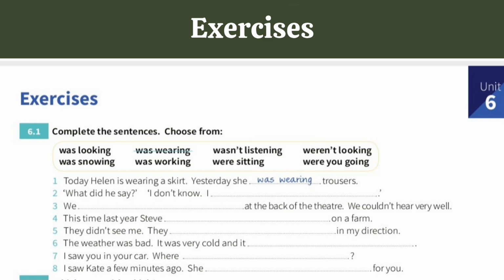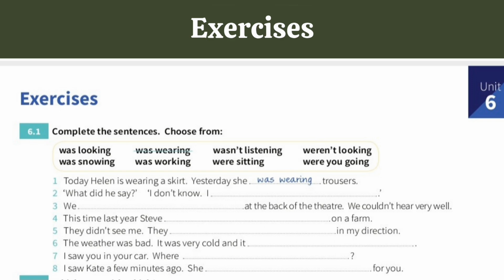The first, question 1: at 8 p.m. last night, I blank watching TV. First, look at the time expression. At 8 p.m. last night shows a specific time in the past. Second, identify the subject. The subject is I. Third, choose was or were. Because the subject is I, we use was. So the correct sentence is I was watching TV.